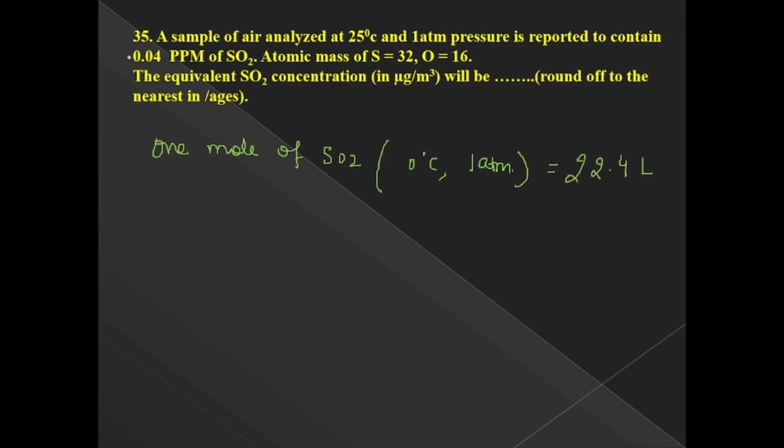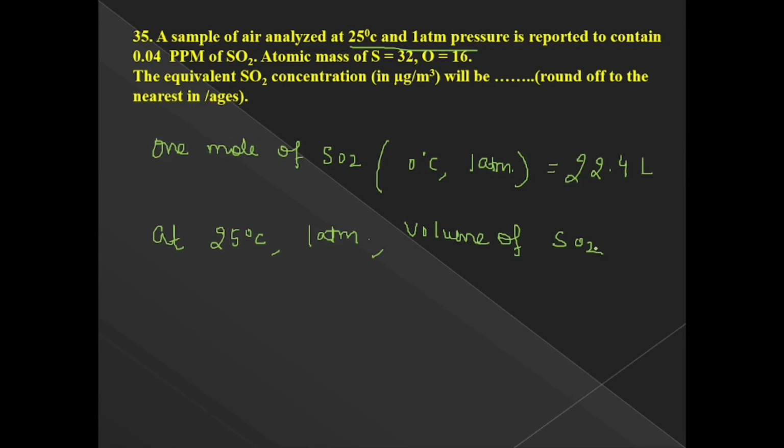This is a standard relation we had studied in our 12th class. So at 25 degree centigrade and 1 atmospheric pressure, volume of sulfur dioxide initially we have to calculate.